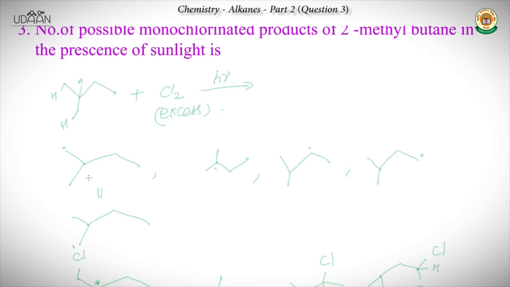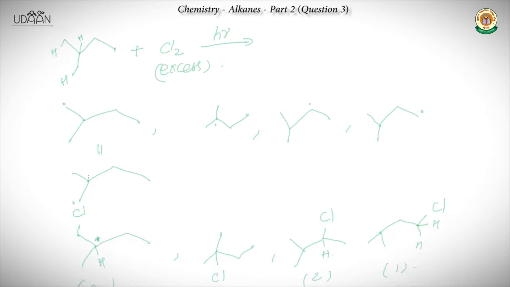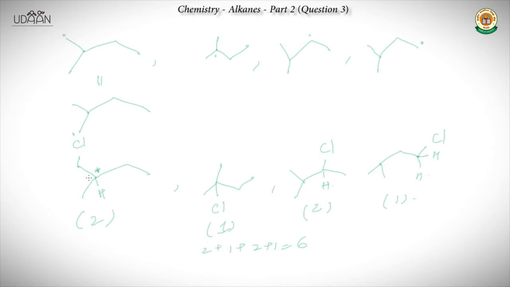This is where you also have to be careful if 2 free radicals are pretty much the same compound. Then once we found out the free radicals, we are going to attach a chlorine to each and every one of those free radicals. But we're then going to see if that attachment of the chlorine atom makes any of the carbon atoms chiral. Because if that does happen, we're going to have an optical isomer as a result of it, and it'll be an entirely different product.